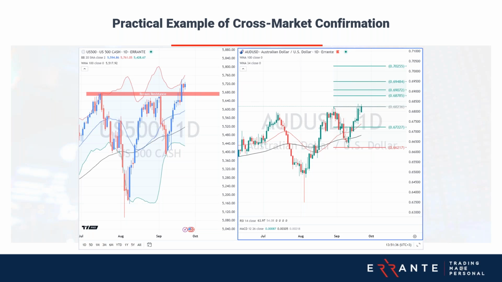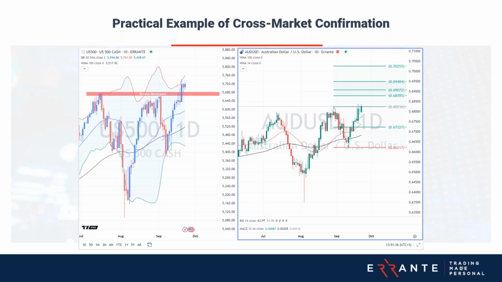Given that both the US 500 and AUD/USD are trending upward, a trader could look to enter a long position in AUD/USD as long as the S&P 500 maintains its strength above the broken resistance level around 5,680, and AUD/USD continues holding above the 0.6722 support level. The alignment of these two markets suggests that the AUD is likely to benefit from continued optimism in global equity markets.